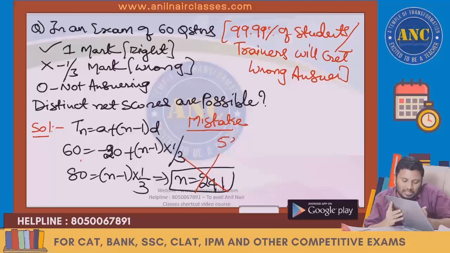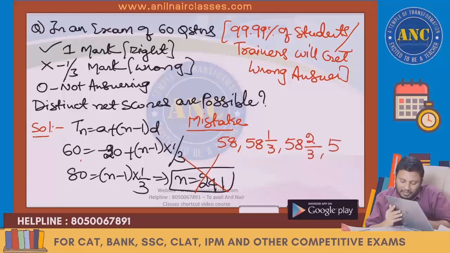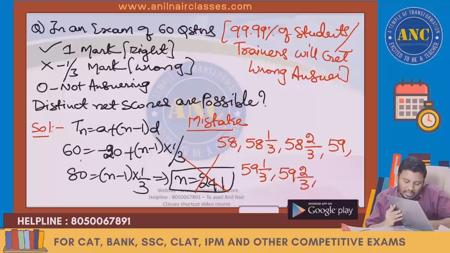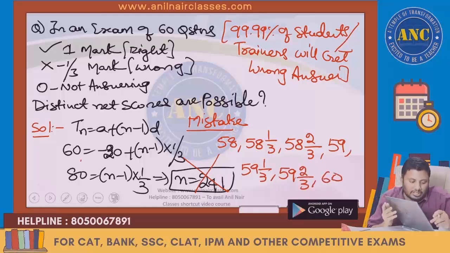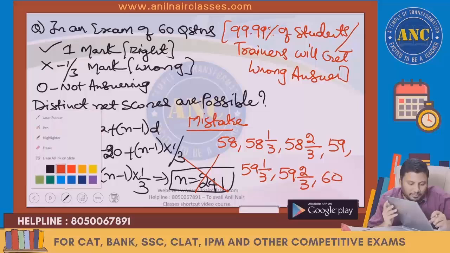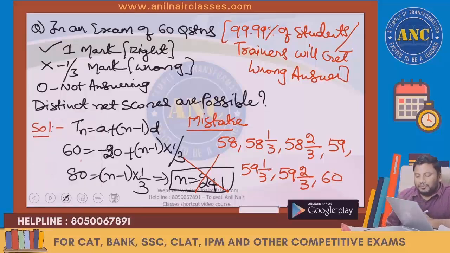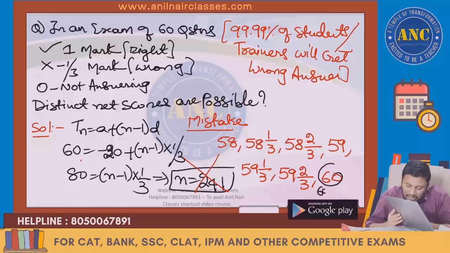Suppose this is 58. I will write 58, 58 1/3, 58 2/3, 59, 59 1/3, 59 2/3, and next is 60. See here, sir. 60 means all 60 are right.